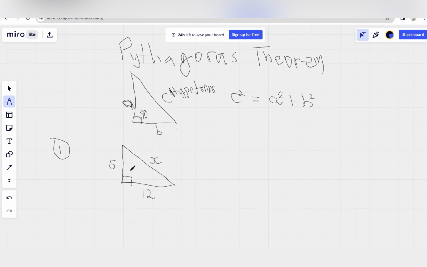If you're looking for the longest side, which is the hypotenuse, we should simply use this formula.